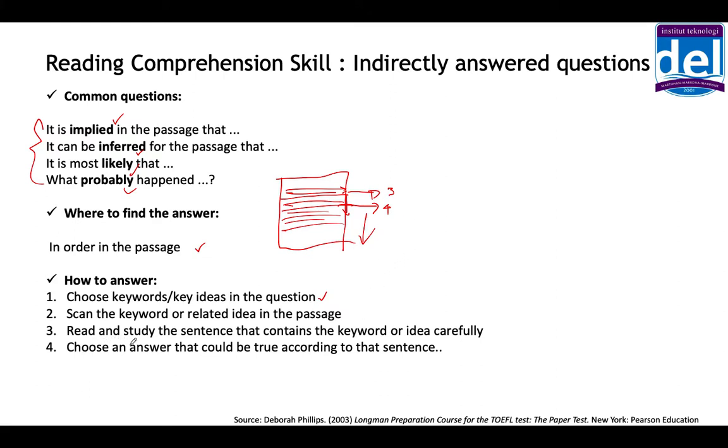The next step is to read and study the sentence that contains the keyword or idea carefully. If we already find the keyword or key ideas in a sentence, then we can focus on the sentence. And the last one, we choose an answer that could be true according to that sentence. So we will make some inferences based on the sentence containing the keywords or the key ideas.